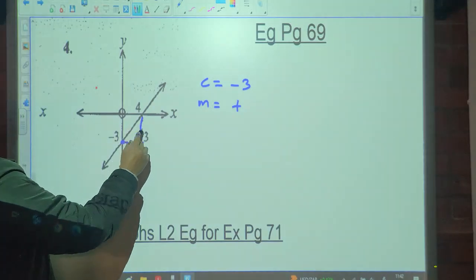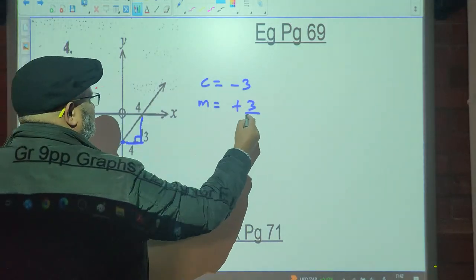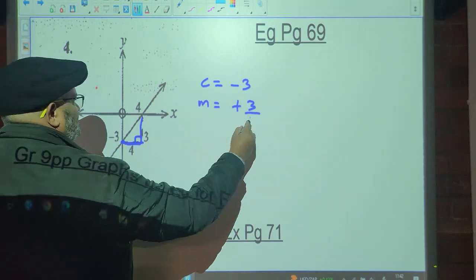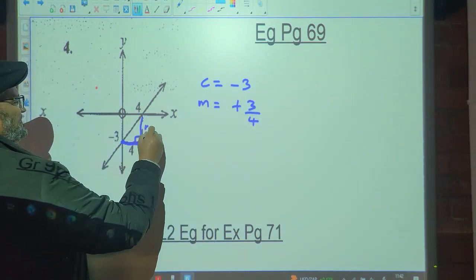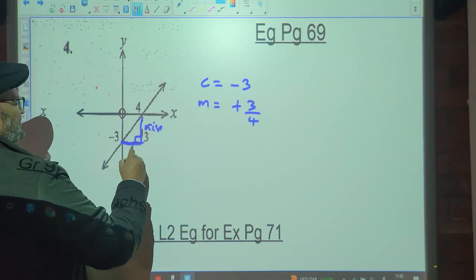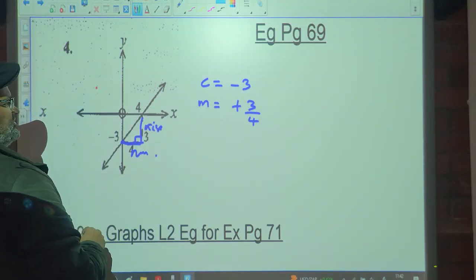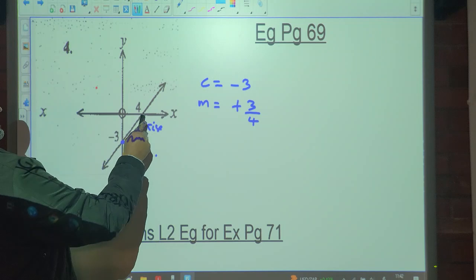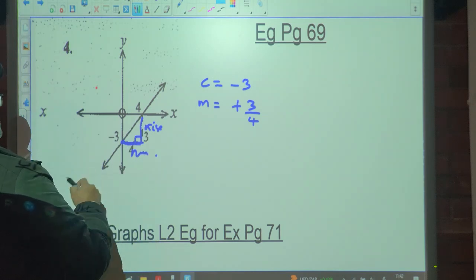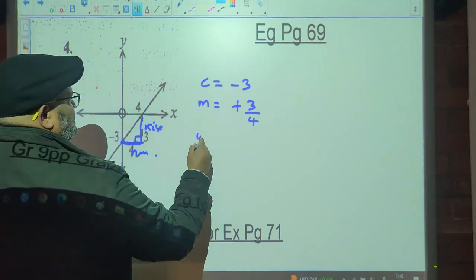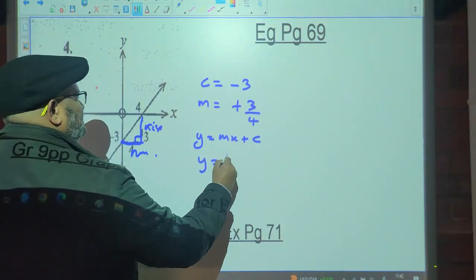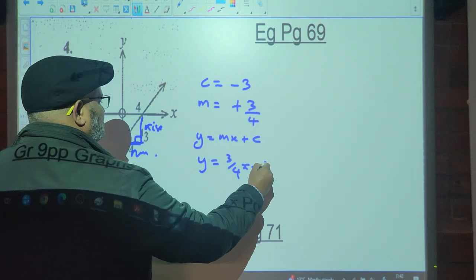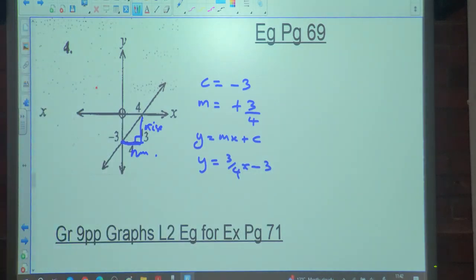So what's this length here? 3 over x is 4. Call this the rise and the run. I drew it in the previous graph there; this is the correct way of doing it. So the equation is y is equal to mx plus c, but we know that the gradient is 3 over 4, so y is equal to 3 over 4 x minus 3. Okay, you guys understand?